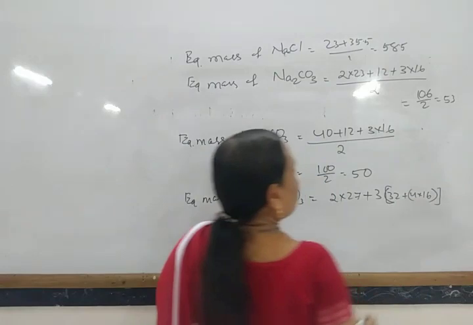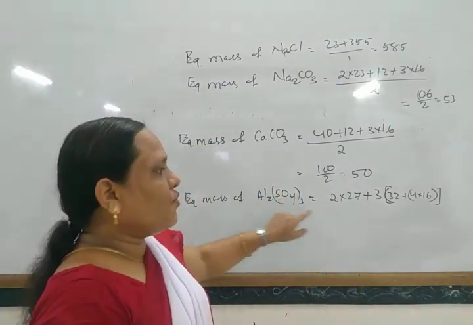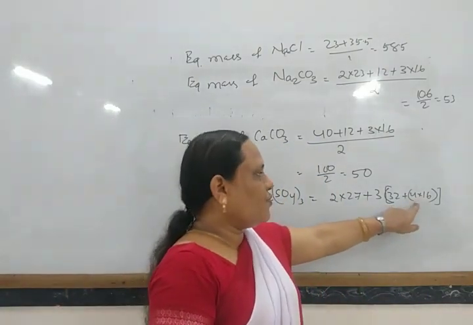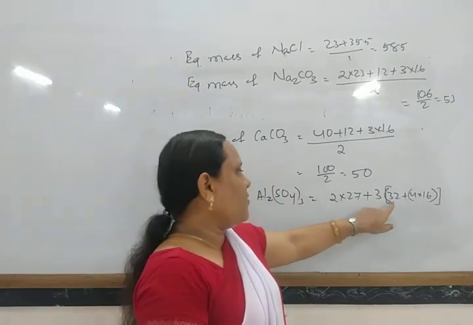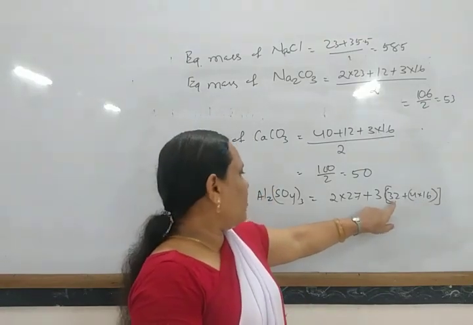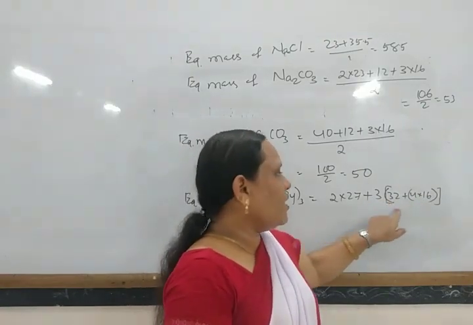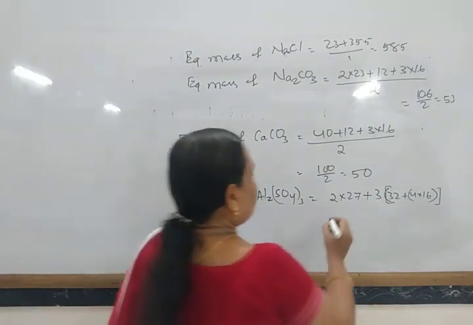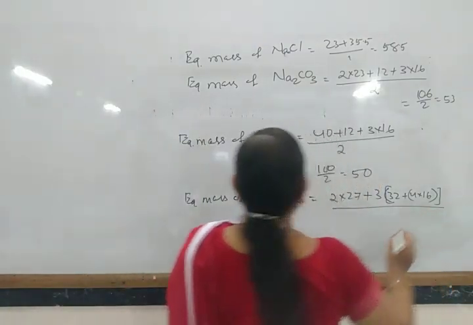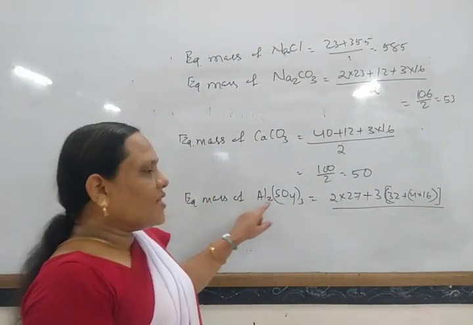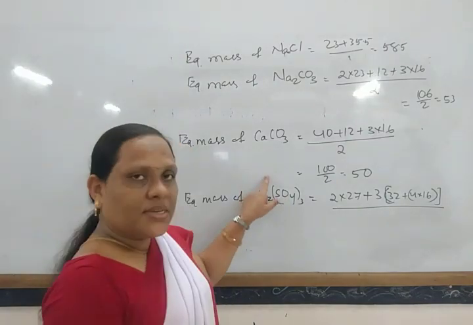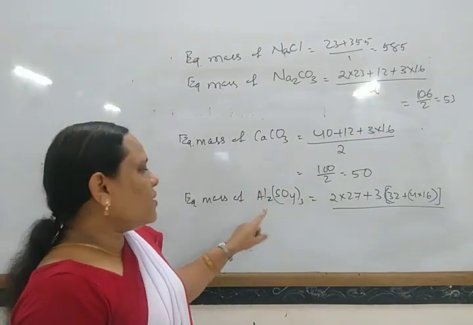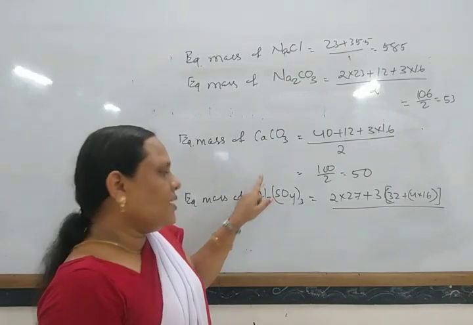Okay, so sulfate SO4, so 16 into 4 is for oxygen and this is for sulfur, and this is all total for sulfate, and divided by total positive charge or total negative charge. Your 2 aluminum are there.